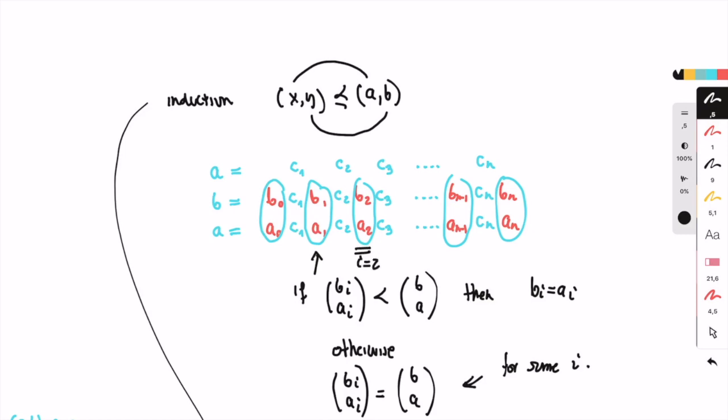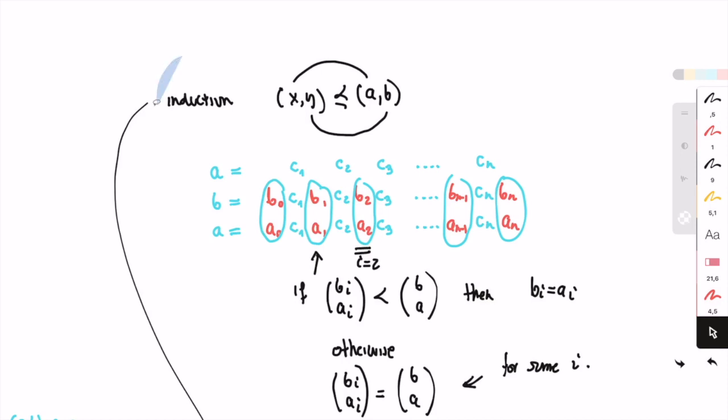So this is B and this is A. It follows that all of these guys have the property that if you write them to the left of B, you get B again. And all of these guys have the property that if you write them to the left of A, you get A again.